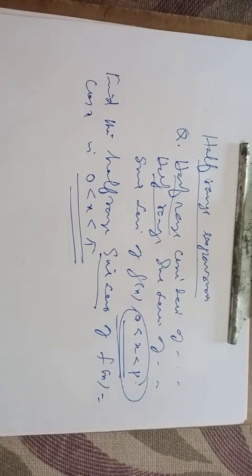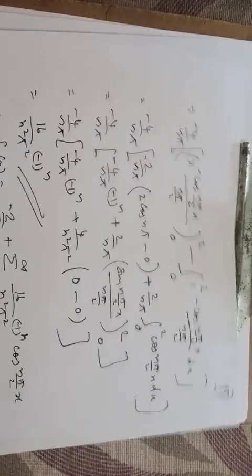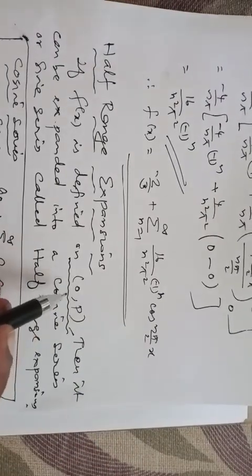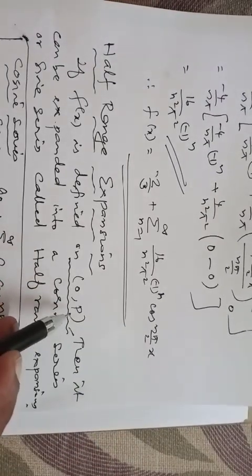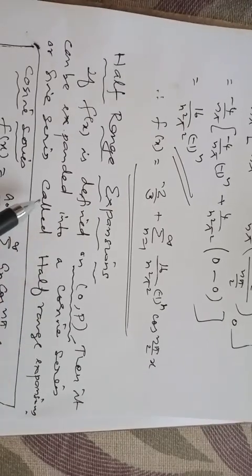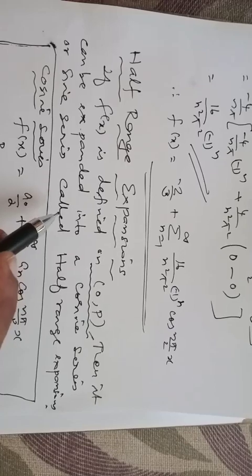Okay. See the formula. Formula here is for half range expansion. Note that function is defined as 0 to p. It can be expanded into either cosine series or sine series, called half range expansion.